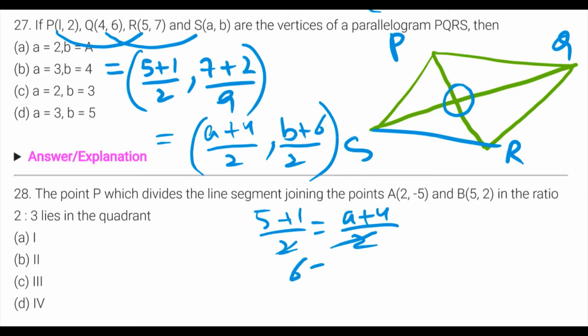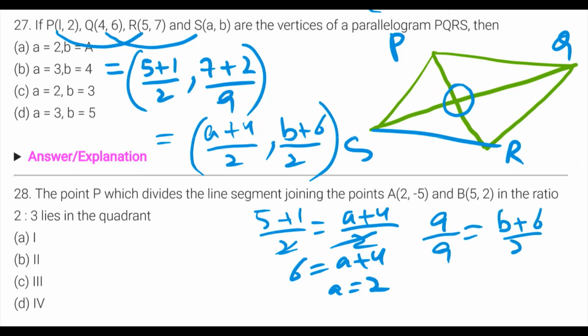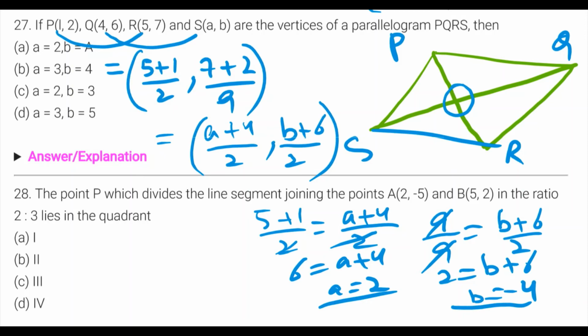So 6 equals a + 4, a equals 2. And equating the y coordinate, 9/2 equals (b + 6)/2, so 2 equals b + 6, b equals -4. So a equals 2, b equals -4, option A.